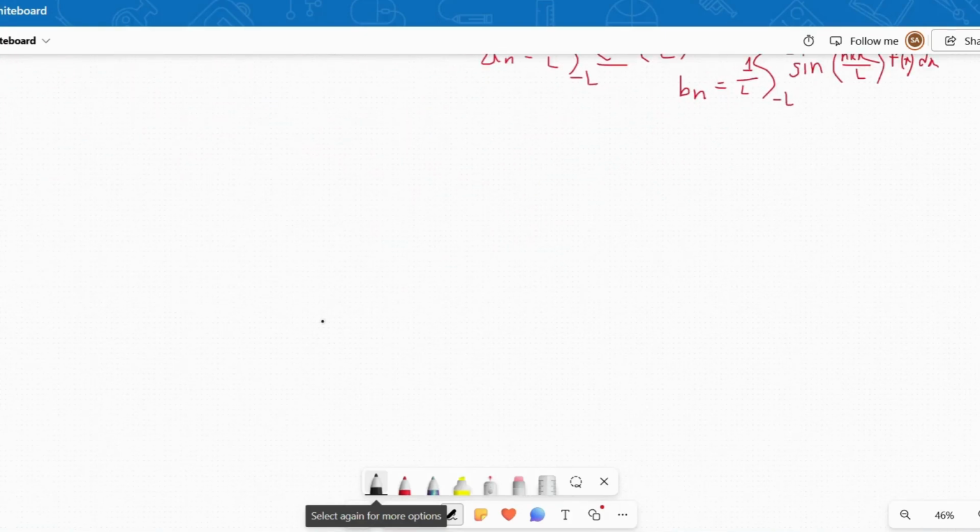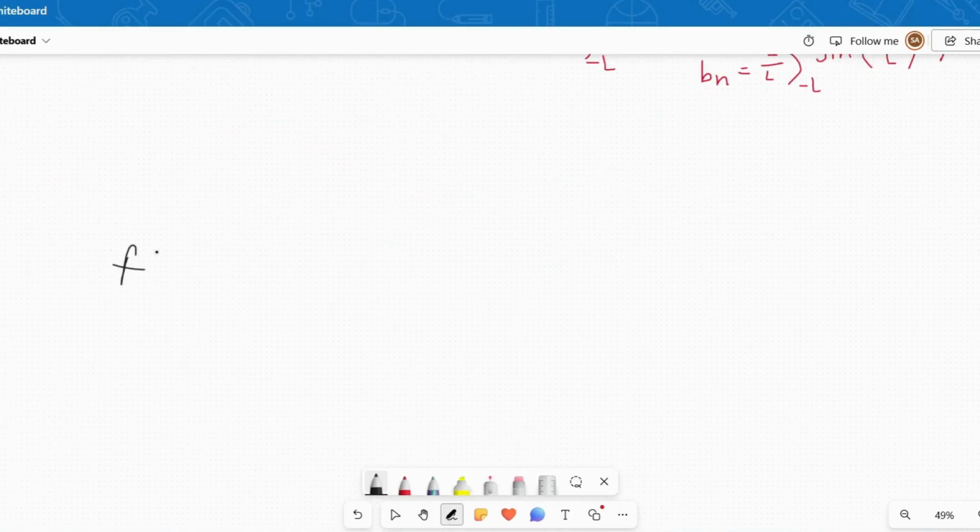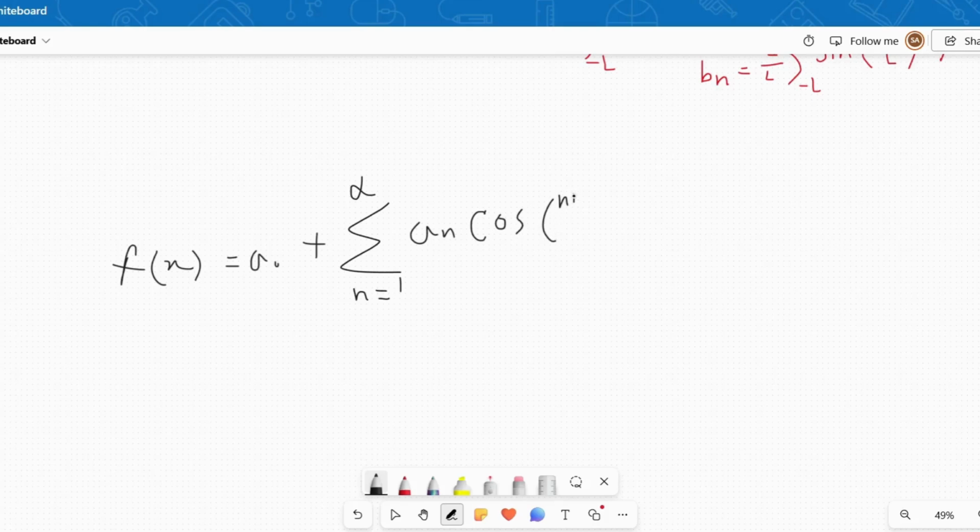I rewrite the Fourier series again so that you understand clearly. f(x) equals a naught plus summation from 1 to infinity of an cos(n pi x divided by L) plus bn sin(n pi x divided by L).